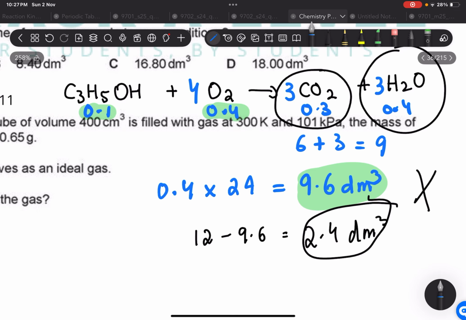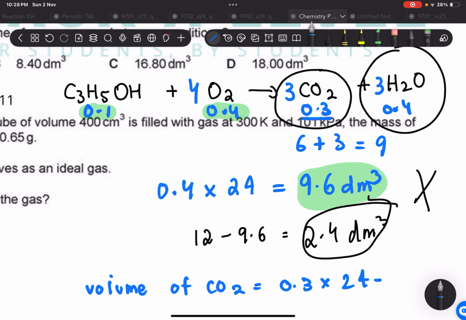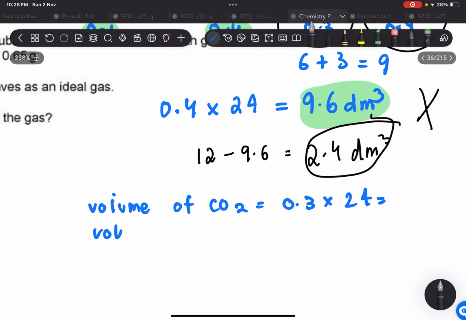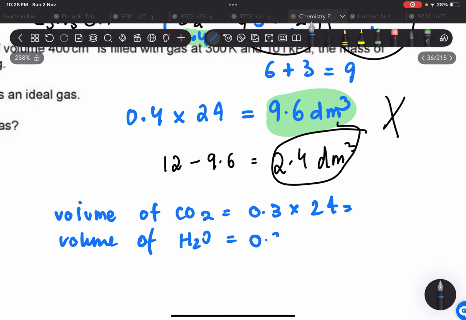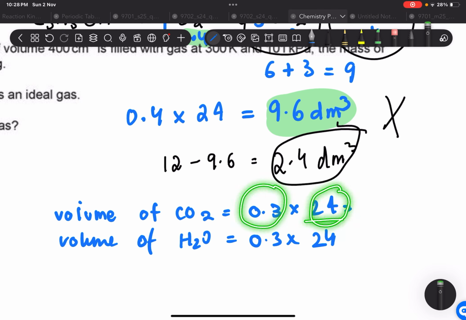So how much volume is 0.3 moles of carbon dioxide going to occupy? The volume of carbon dioxide is going to be 0.3 multiplied by 24, and the volume of our water is going to be 0.4 multiplied by 24. We simply multiply the moles with the volume of 1 mole of gas, and that gives us the volume.